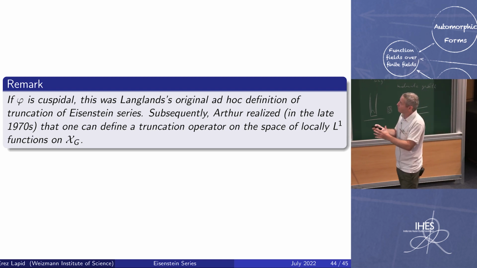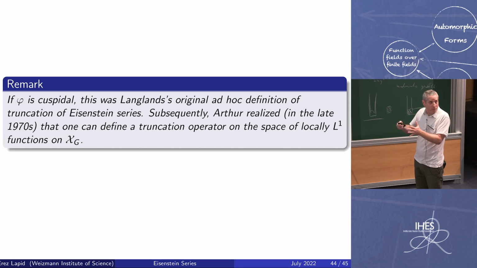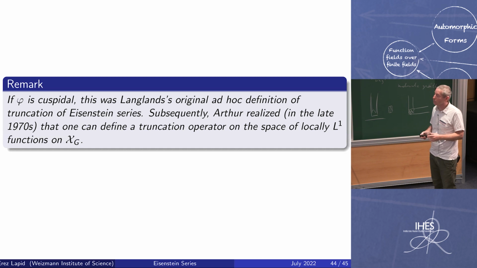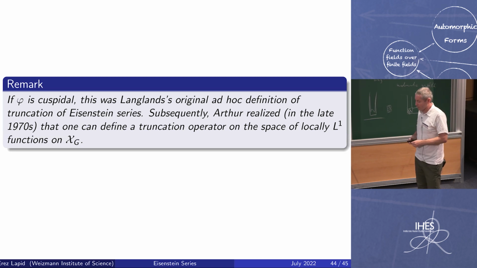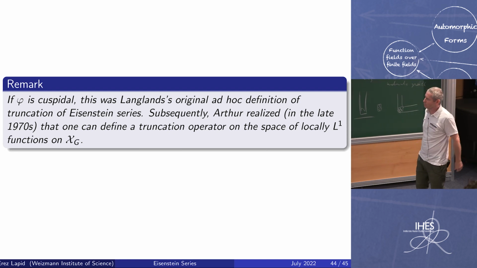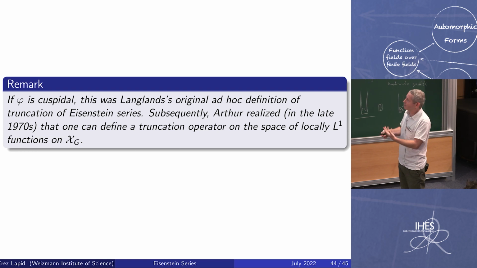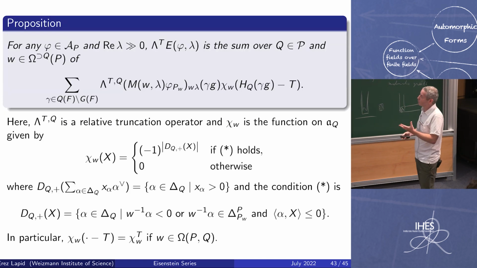Arthur took this expression and realized that you can make a truncation operator on the space of all locally L1 functions on G(F)\G(A), and reproved Langlands' formula using his revised definition of truncation. But that was only for phi cuspidal, but in fact, you can do it for phi general.